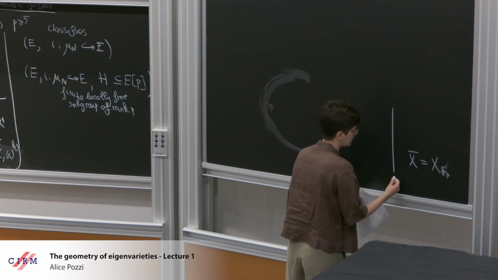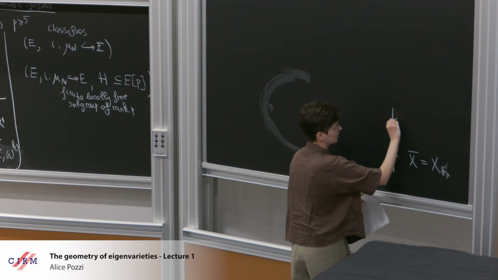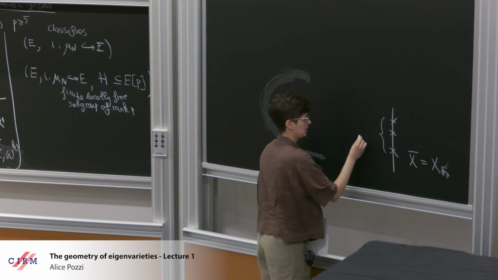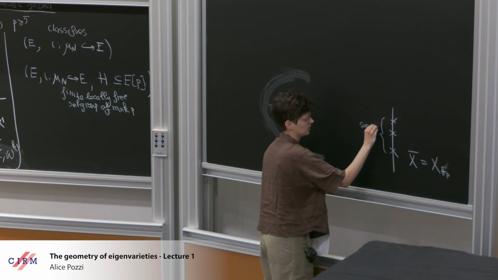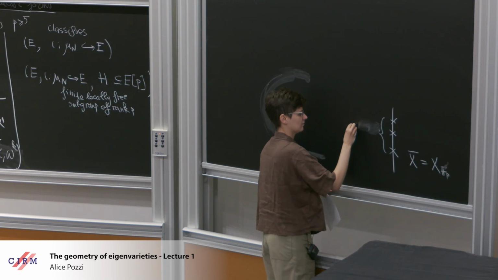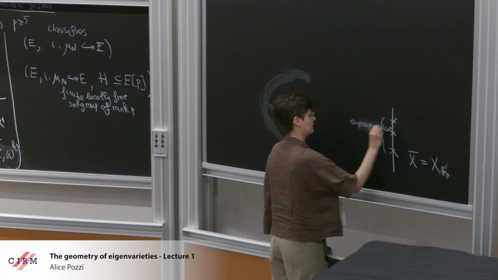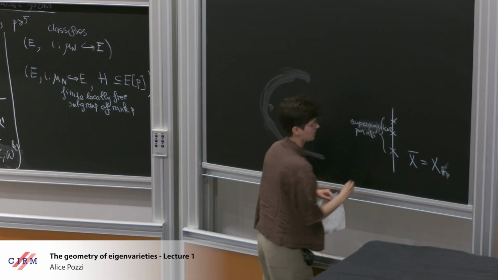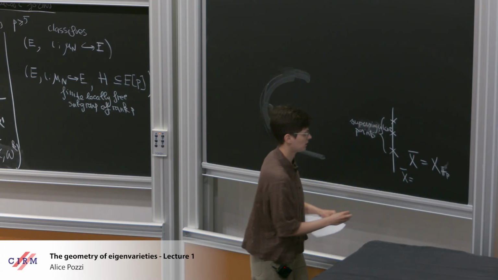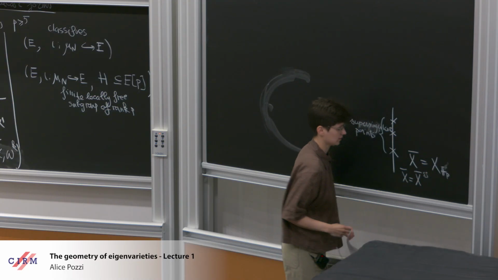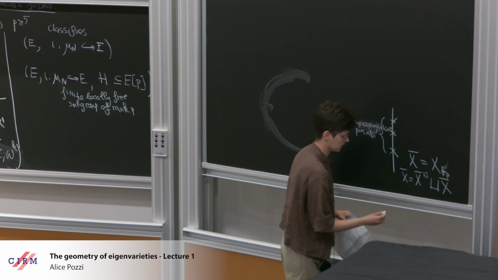And in fact, there are only finitely many supersingular elliptic curves that I'll draw like this, supersingular points. So that I can write this X bar as the union of the points for which the elliptic curve is supersingular, denoted as SS, and the points for which the elliptic curve is ordinary.